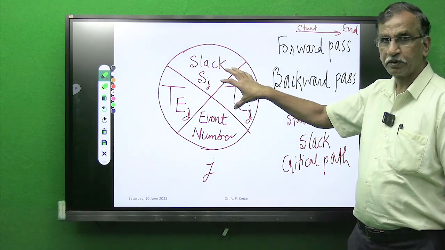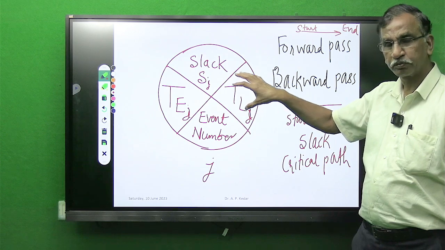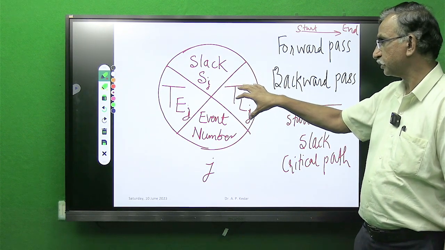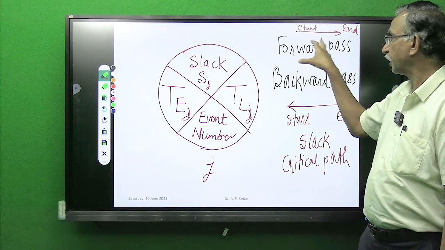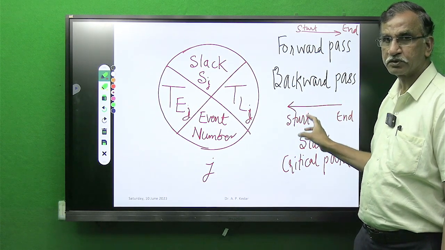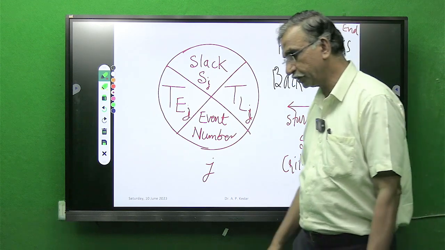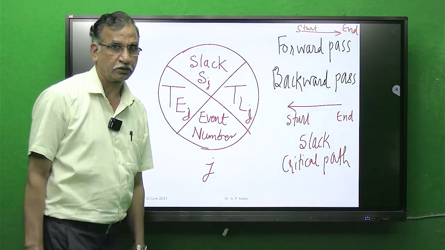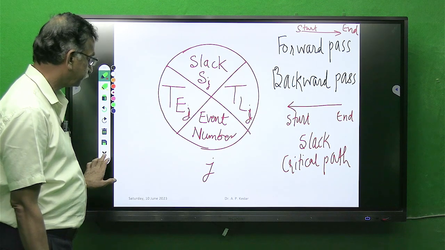We will represent various nodes of the project by this diagram, calculate forward pass time, backward pass time, slack, and then determine the critical path. Moving ahead.